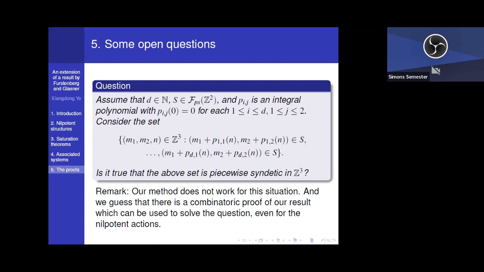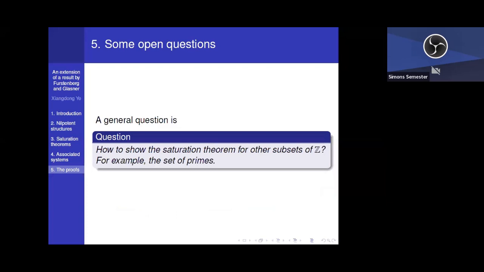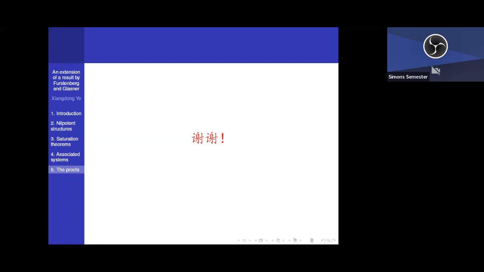I want a combinatorial proof. If you have this, I think you can generalize even to the nilpotent group action. Yeah, okay. Okay, the final is a very general question. So we just do the saturation theorem for polynomials. So how to do it, say, for the set of primes, maybe Hadfield as Nichols does. Okay, thank you very much.